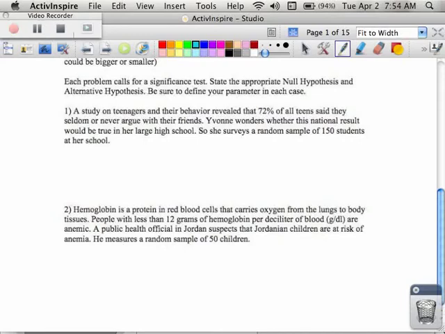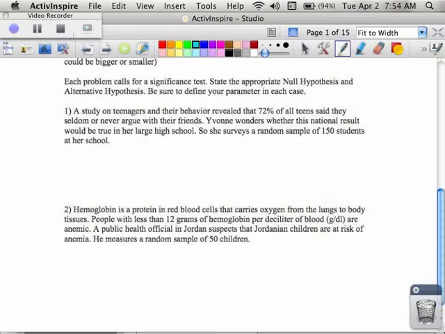For example, number one, a study on teenagers and their behavior revealed that 72% of all of our teens say that they seldom or never argue with their friends. Yvonne wonders whether this national result would be true in her large high school. She surveys a random sample of 150 at her school.